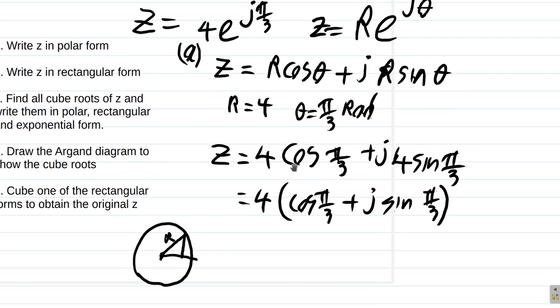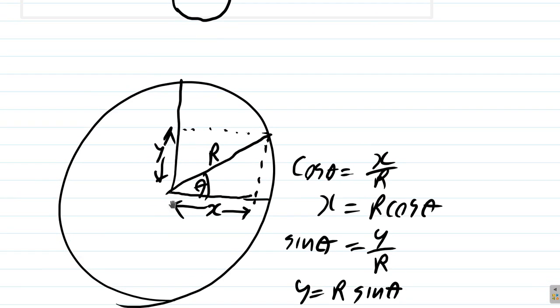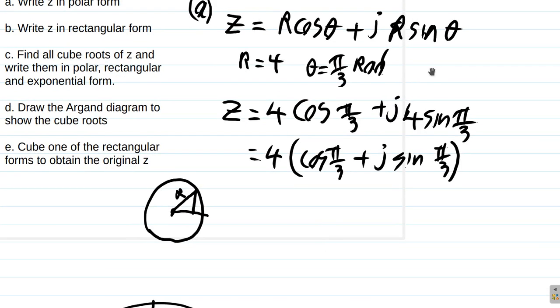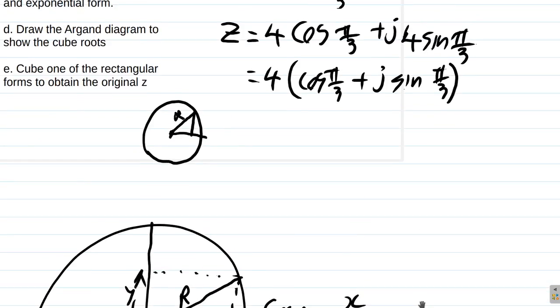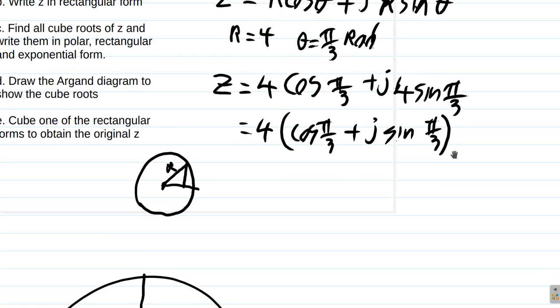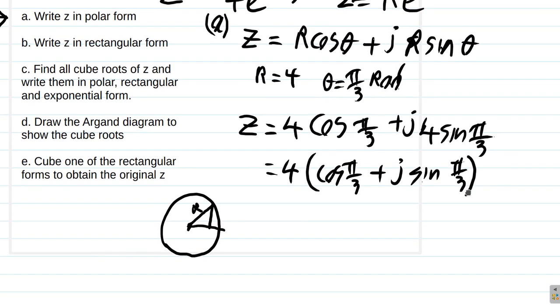So in our case, r is 4. It's 4 cos theta, which is the horizontal axis, the real axis, plus j r sine theta, where the y-axis is the imaginary axis. Our r is 4 sine theta, which is in this case pi over 3. Alright? So that's the polar form.